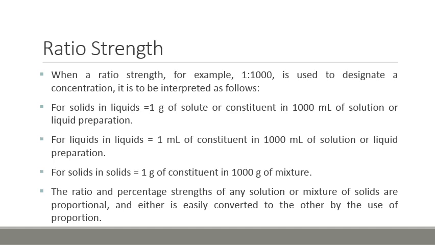For solids in solids, 1 is to 1000 means 1 gram of constituent in 1000 grams of mixture. The ratio and percentage strengths of any solution or mixture of solids are proportional, and either is easily converted to the other by the use of proportion.